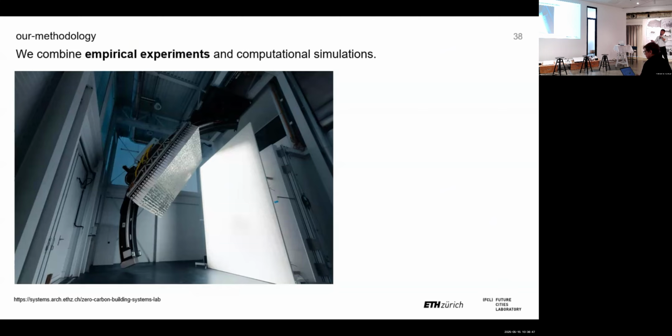This lab can generate a winter environment or summer environment with sunlight, and you can use this to study the thermal attributes, which can later be fed into the computational model.